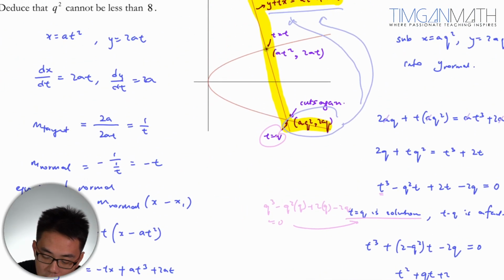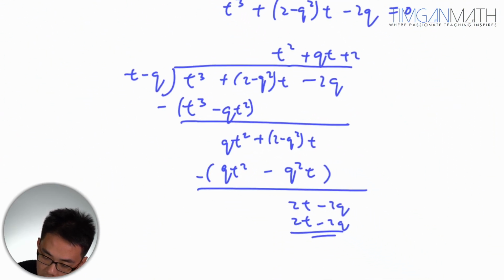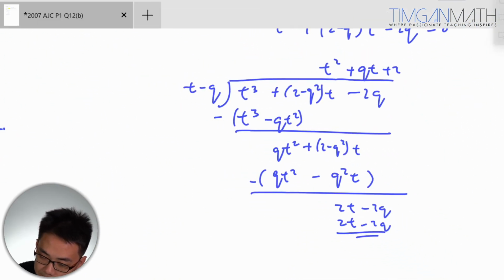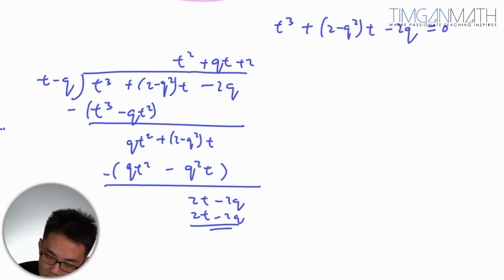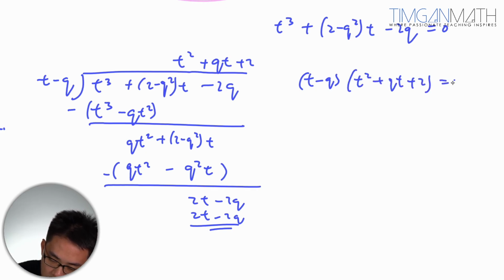Okay, so t² + qt + 2. Great. So this would be (t − q)(t² + qt + 2) = 0.